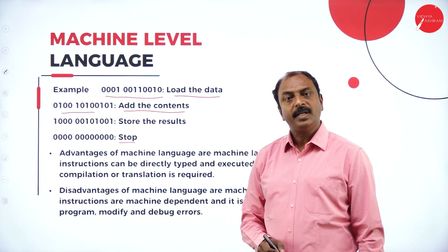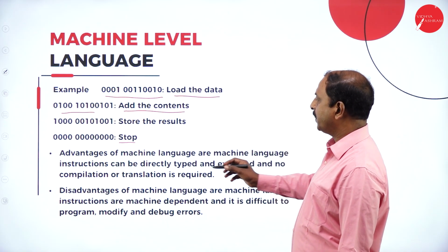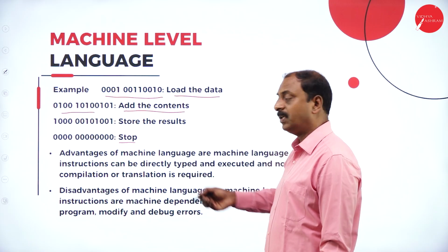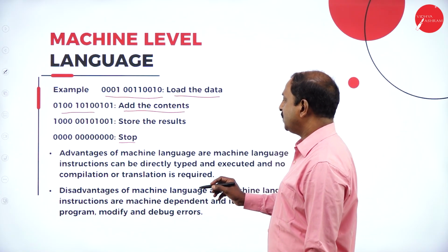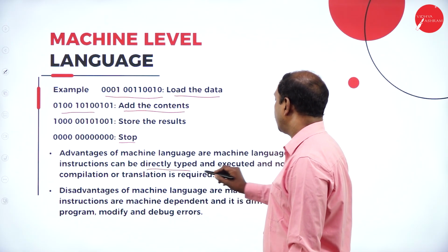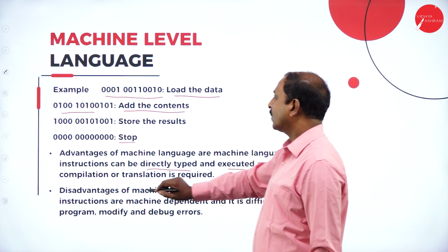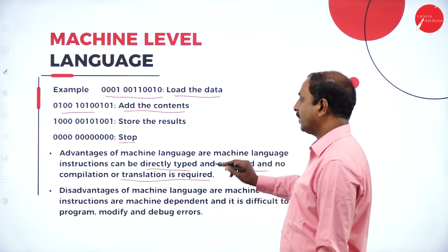for different operations with machine level language. Now, what are the advantages of machine level languages? These instructions can be directly typed and executed. No compilation or translation is required.